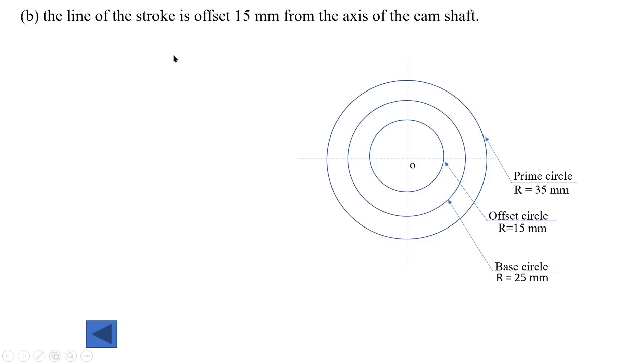Since the line of stroke is offset by 15 millimeter, draw the line of stroke of the follower 15 millimeter away from the cam center. Mark the point A where this vertical axis intersects the prime circle.